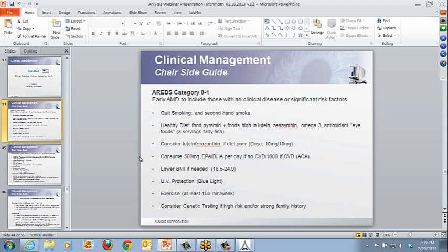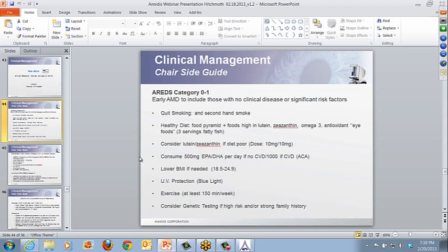But remember that early AMD includes no clinical sign of the disease or significant risk factors, according to AREDS categories 0 to 1. So I think it's a no-brainer that for patients who have high risk, family history, light irides, etc., we should be educating those patients at a minimum to quit smoking, avoid secondhand smoke, and make sure they have a healthy diet that's certainly rich in the carotenoids that are important for fortifying the macular pigment, a diet rich in antioxidants, eye foods, so to speak.